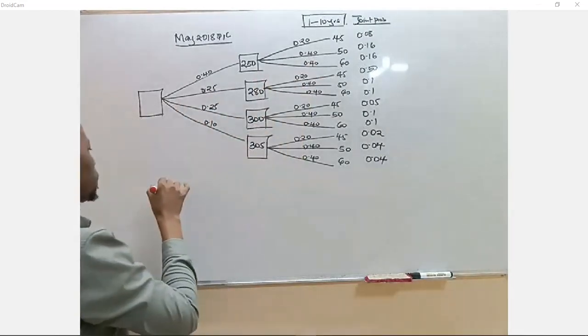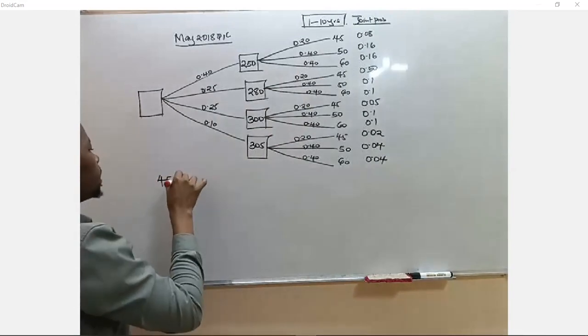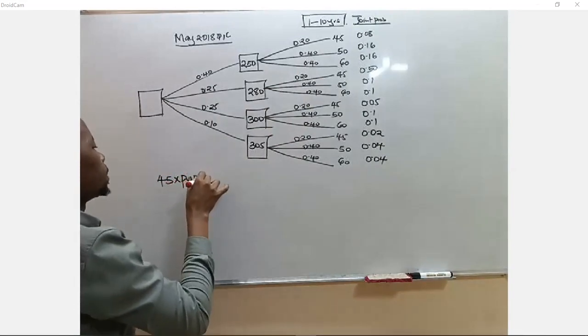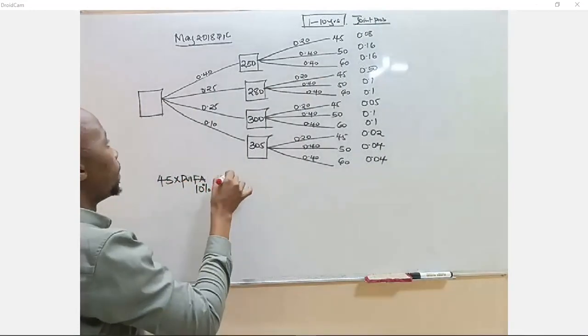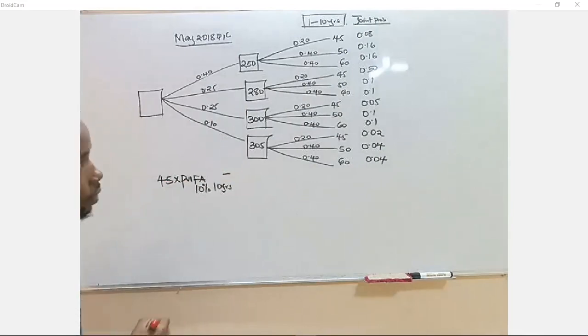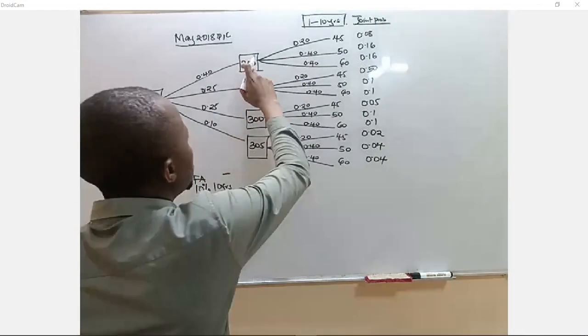For example, the first one will be 45 times the present value interest factor annuity, 10%, 10 years, minus the initial outlay. How much was our initial outlay? In the first route, it is 250.